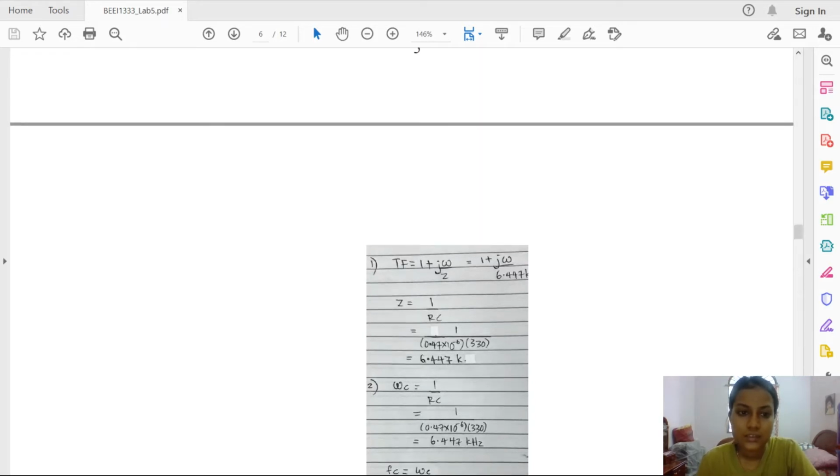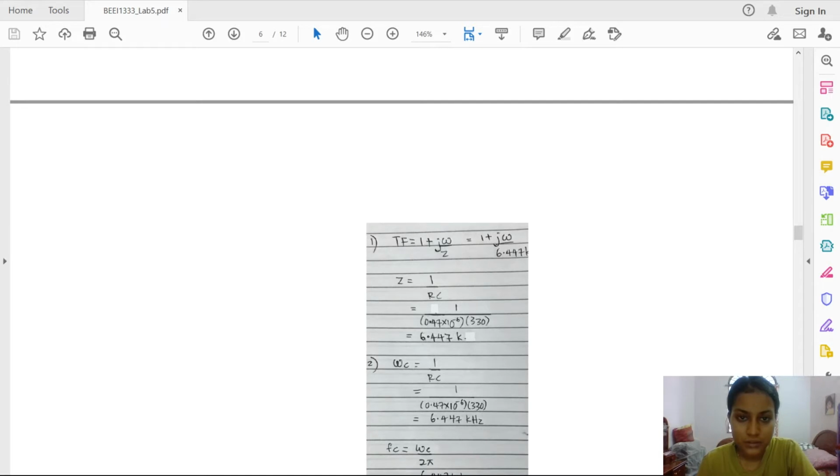Okay. So a little bit about this RC high pass filter. A high pass filter actually permits high frequencies to pass from the input to the output of the filter. As in the low pass filter, the cutoff frequency FC is the frequency at which the amplitude of the output voltage is 0.707 of the maximum amplitude.